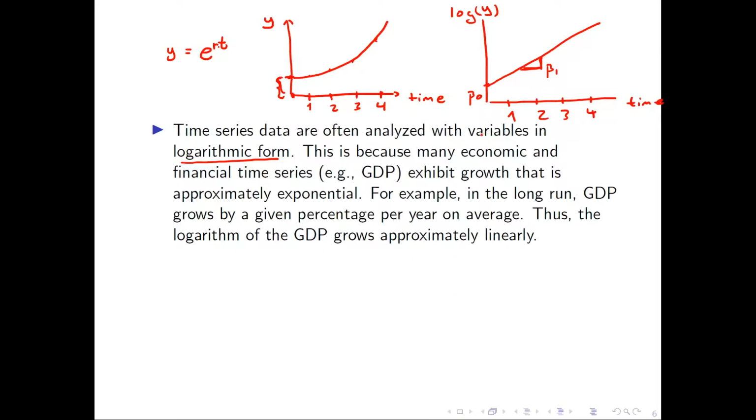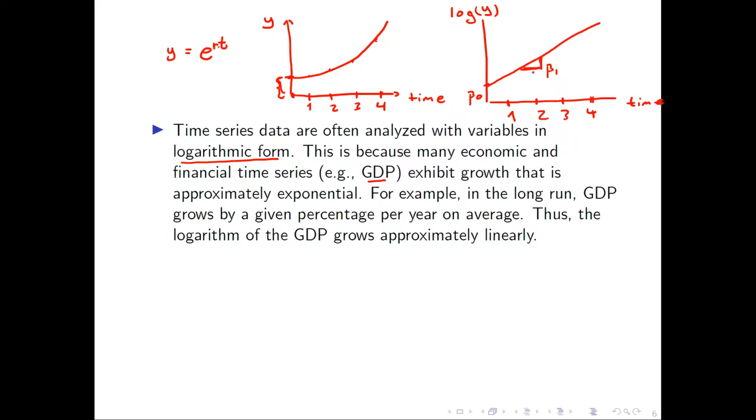So if you have a process, for example, a price or GDP, which grows, then you could just take the logarithm of the levels of the value of the GDP, and you could plot it against time, and you could run a linear regression.